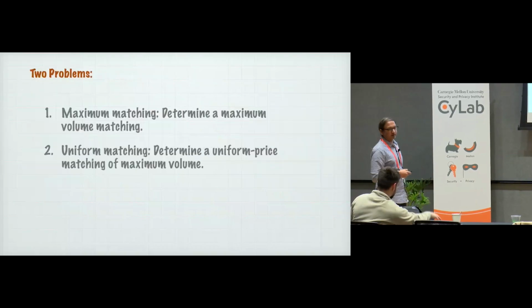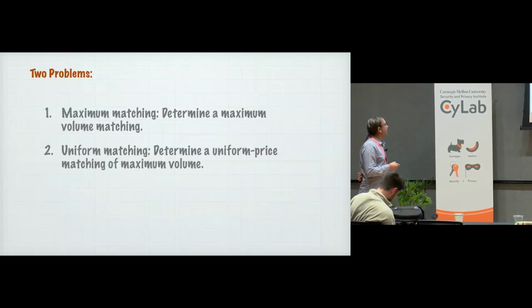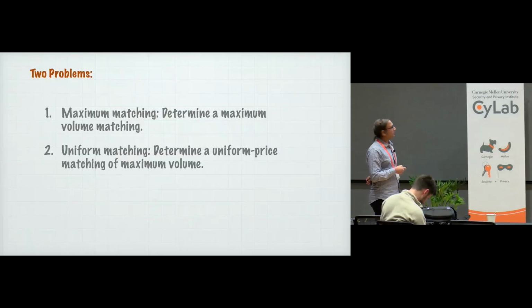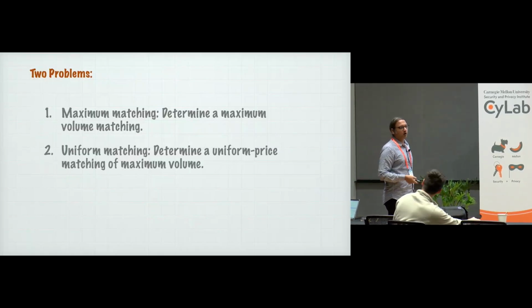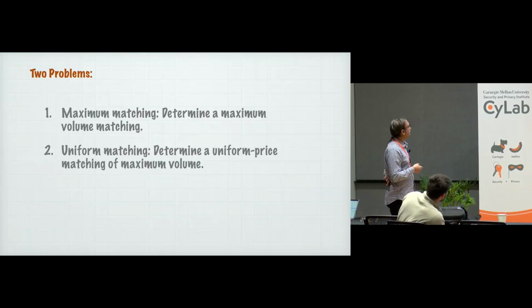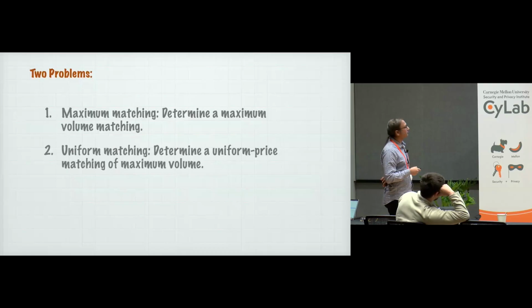So the two problems that we consider is maximum matching. So what is the objective? You have to produce a matching, but what are the objectives that you need to have? So there are two popular objectives. One is to determine a maximum volume matching, okay?